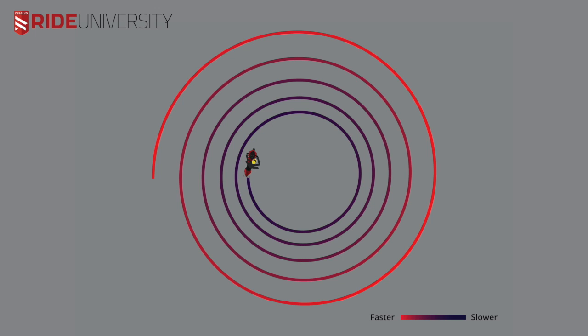Now, if you look at this diagram, you see this illustrated very clearly. We have a spiral that indicates the radius, the path traveled by our vehicle. This could be a two-wheeled vehicle or a four-wheeled vehicle. The same concept applies.